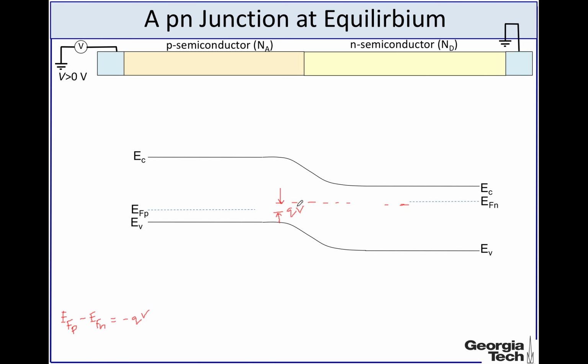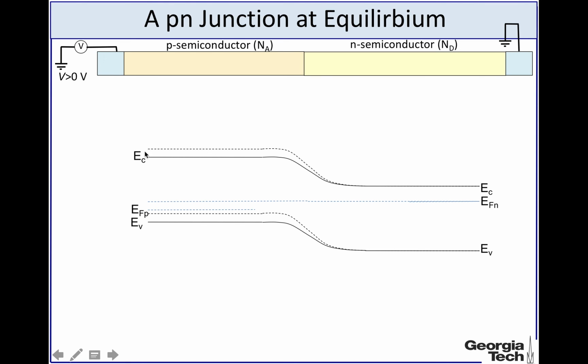If we compare the band diagram in the previous slide and this one, we have kept the bands or energies on the n side in the same position and just moved the bands on the p side down by an amount qV. In the next slide, that's what we will see.